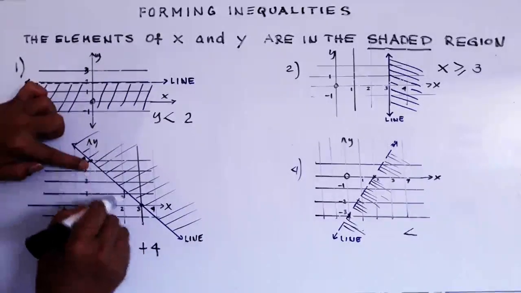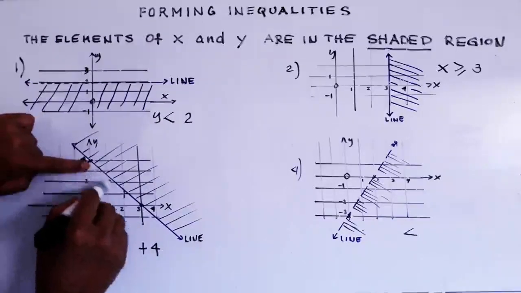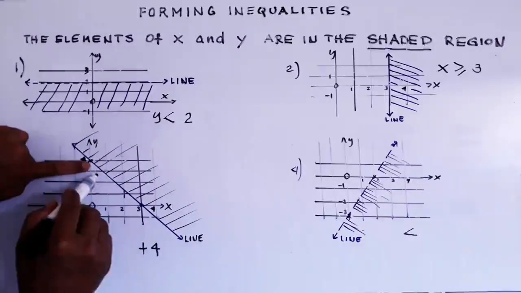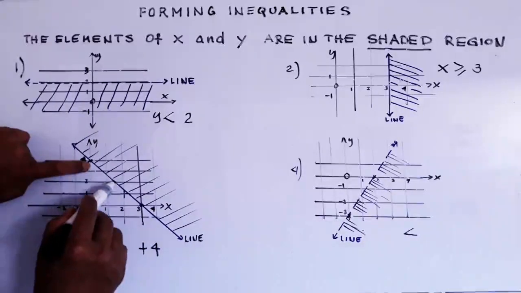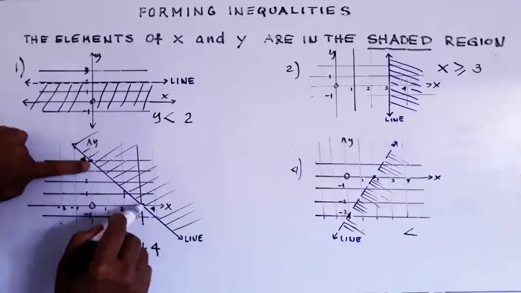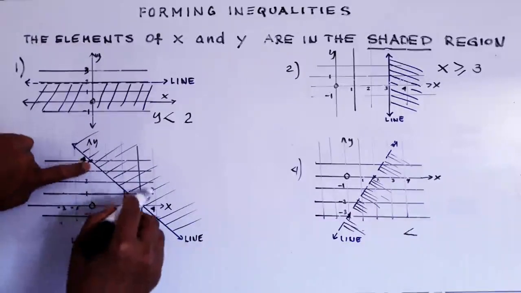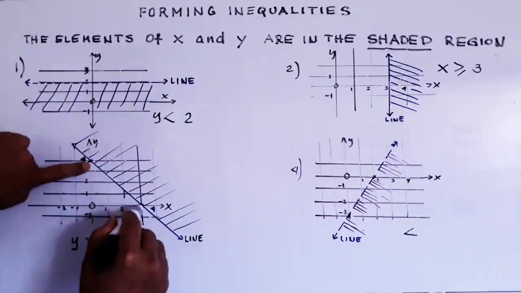Now look for this line that it will intersect something that is exact. And for this line, no, it's not exact here. Now the exact point wherein the line intersects our x or y axis is this point here.